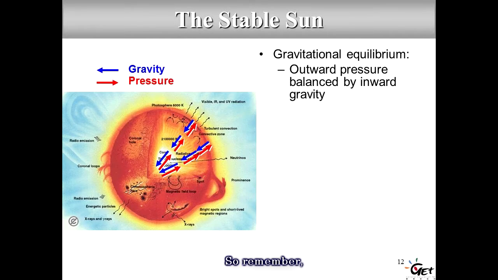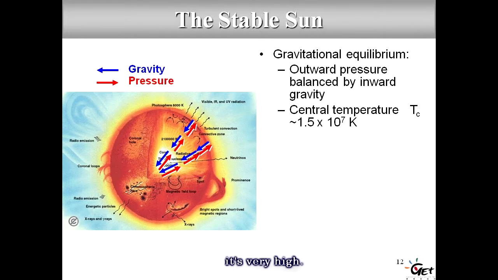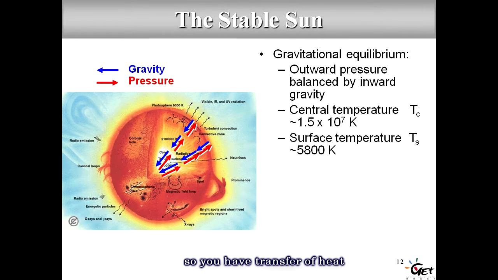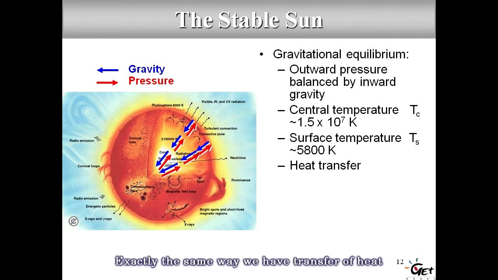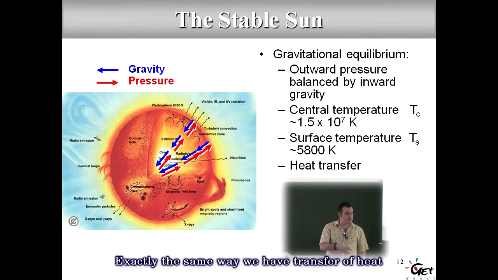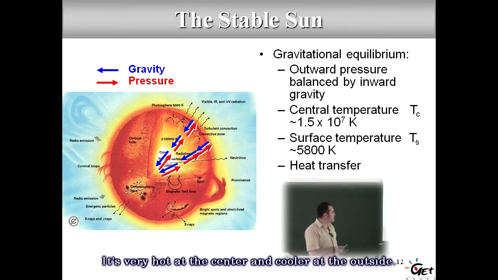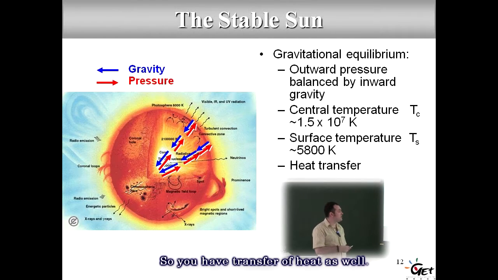Remember, the central temperature is very high, and the surface temperature is cooler. So you have a transfer of heat from the center to the outskirts, exactly the same way we have a transfer of heat within the Earth. It's very hot at the center and cooler on the outside. So you have a transfer of heat as well.